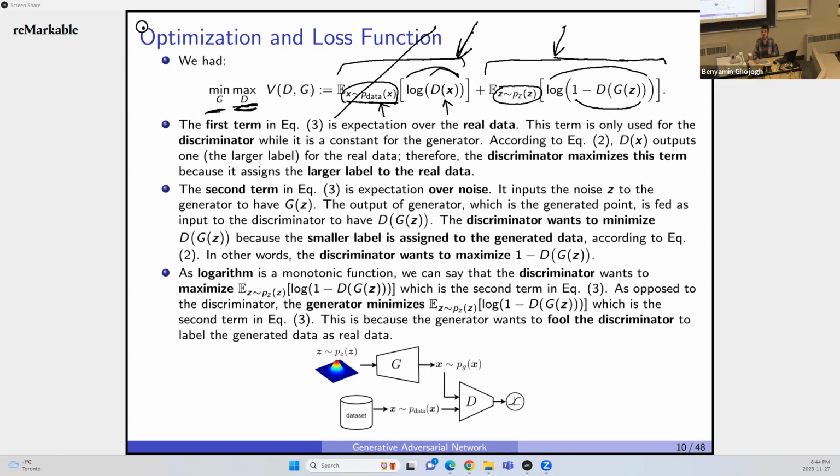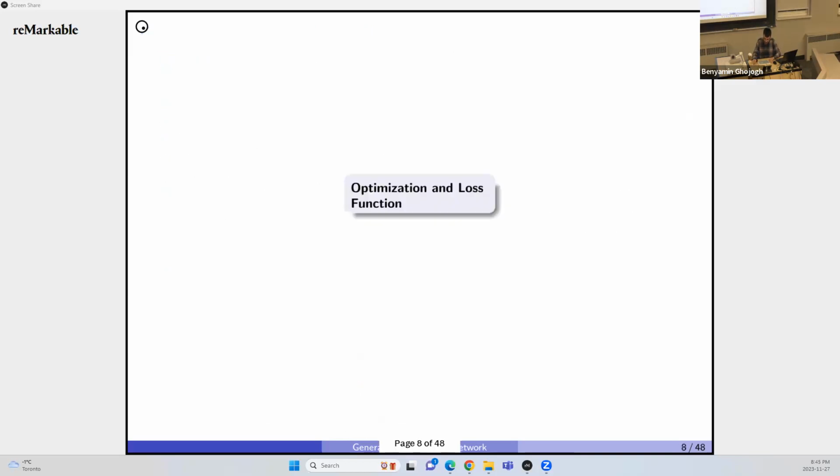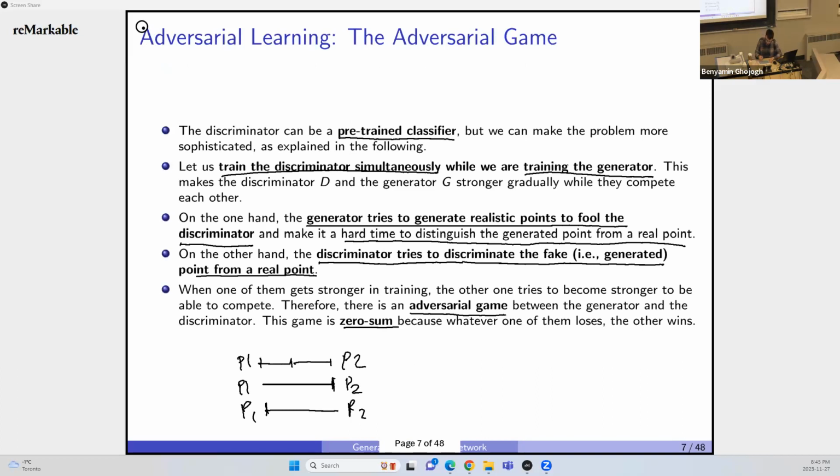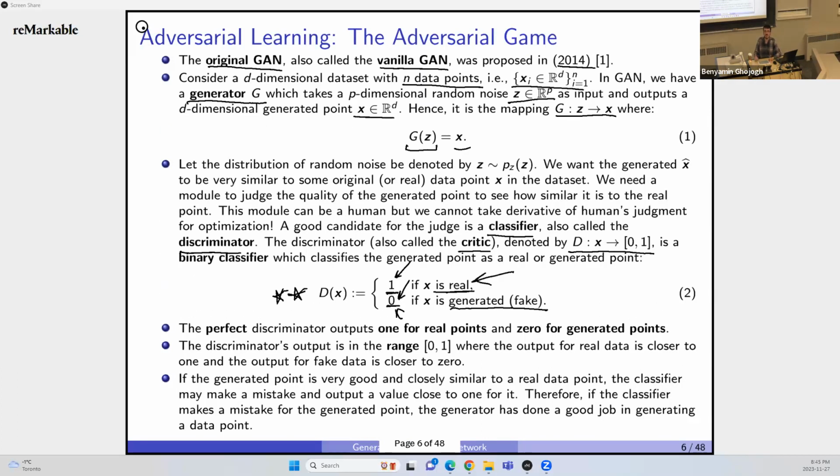Basically means minimize minus D(G(z)), right? Minimize minus something is equivalent to maximize that thing. So maximize this, obviously, because the generator is the enemy of the discriminator. So it wants D to output 1 for the fake data. Very beautiful, right? Makes sense.